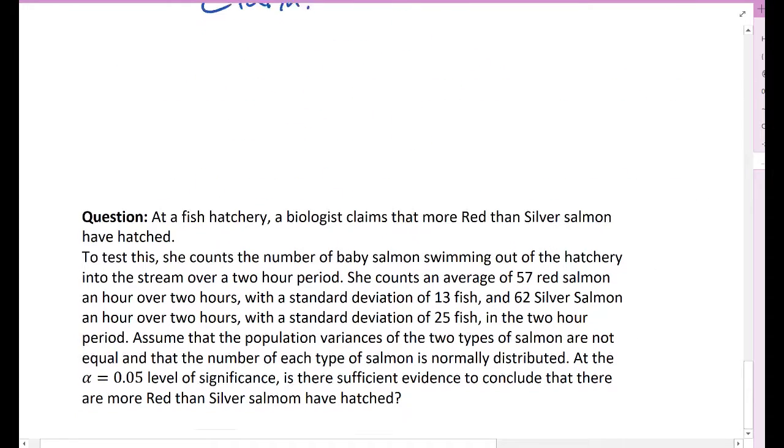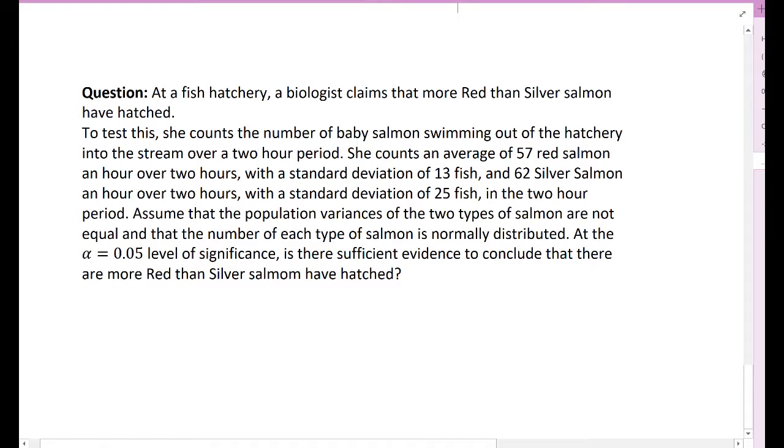A biologist at a fish hatchery claims that more red than silver salmon have hatched. To test this, she counts the number of baby salmon swimming out of the hatchery into the stream over a 2-hour period. She counts on average 57 red salmon an hour over the 2 hours, with a standard deviation of 13 fish, and 62 silver salmon an hour over 2 hours with a standard deviation of 25 fish.